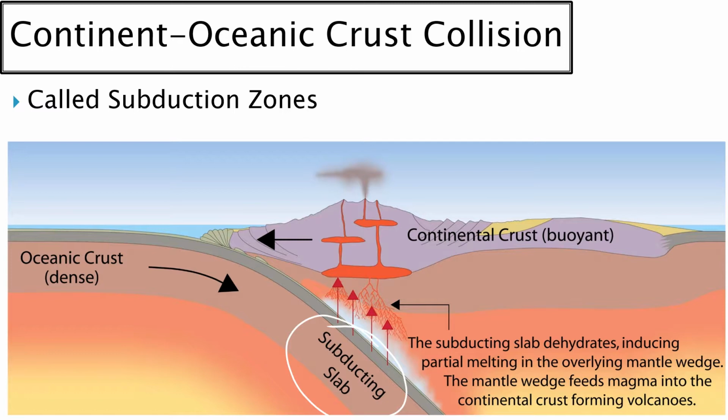So when the subducting slab reaches a depth of around 100 kilometers, it begins to dehydrate and release water into the overlying mantle wedge, which goes over it. In addition, the addition of this water into the mantle wedge changes the melting point of the material, thereby forming new melt, which will begin to rise.